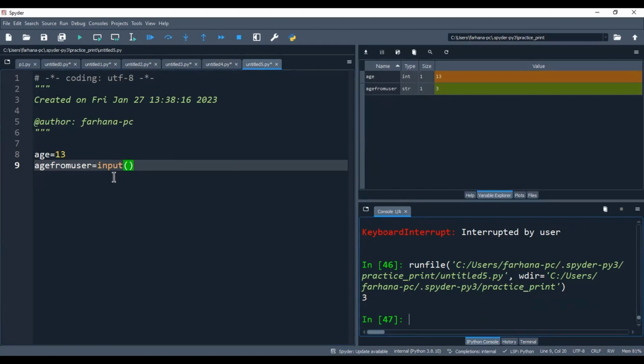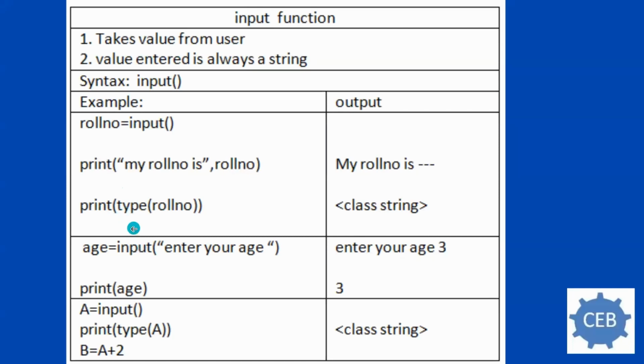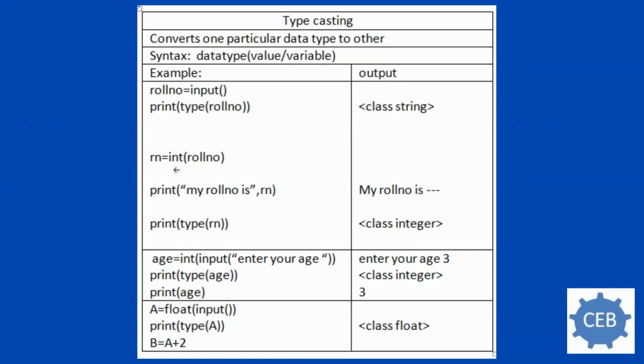That means whatever value we take from the user by using the input function is always of string type. So how can we change that to the integer data type? Because I want the type of age from user to be integer, I have to use typecasting. The way of typecasting is to write the data type into which I want to convert the variable.